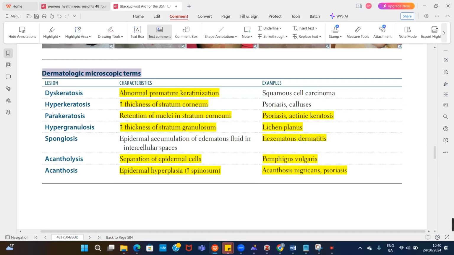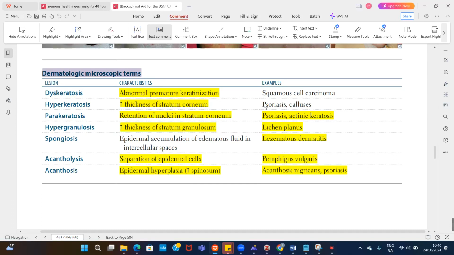Another one is hyperkeratosis, and this means increased thickness of the stratum corneum. The keratinocytes of the stratum corneum are so abundant, they are hyperproliferating, increasing the girth and the thickness of the stratum corneum. That is hyperkeratosis, and that is classic for psoriasis. You cannot forget this.